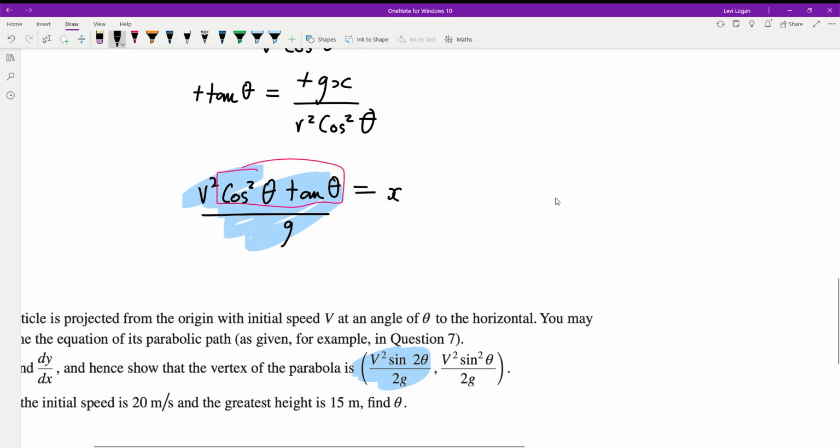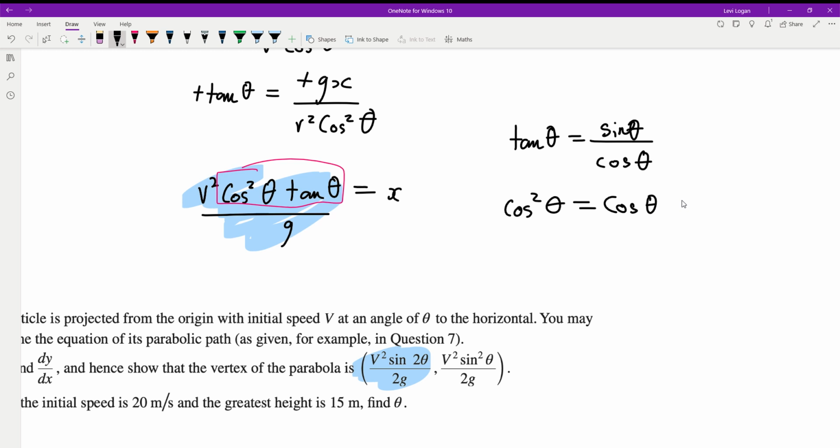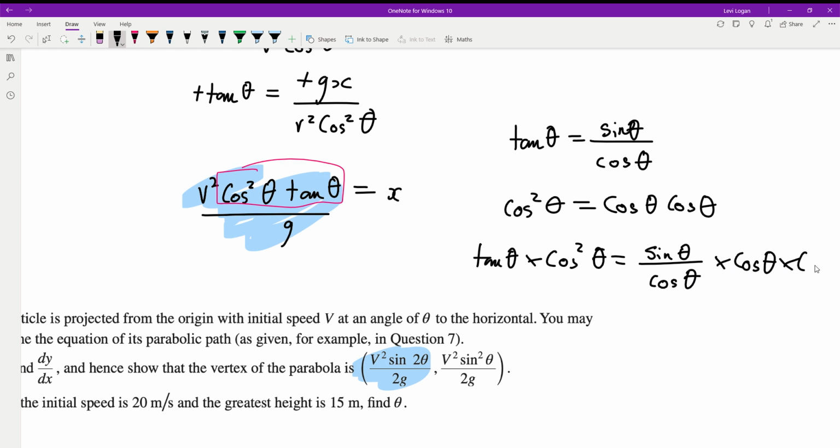So we know tan theta is sine theta on cos theta, and we also know cos squared theta is literally just cos theta times cos theta. So if you have tan theta times cos squared theta, what you actually have is sine theta on cos theta multiplied by cos theta twice. Not twice, I mean 2 of itself. And you can see one of those cos cancel out. So what I actually have is sine theta cos theta. Okay.